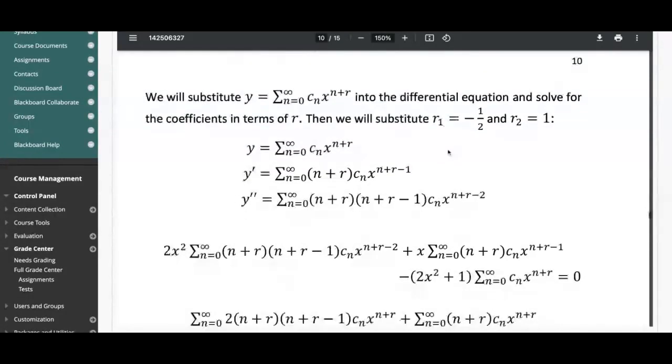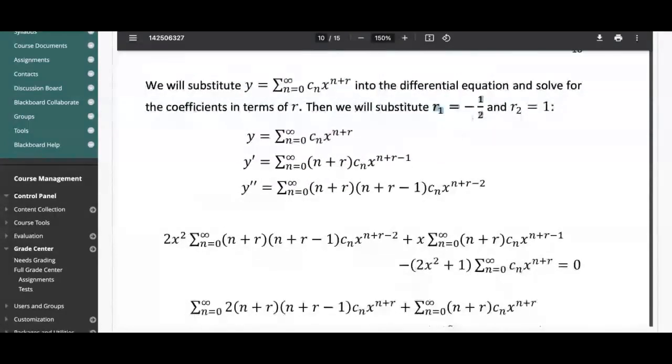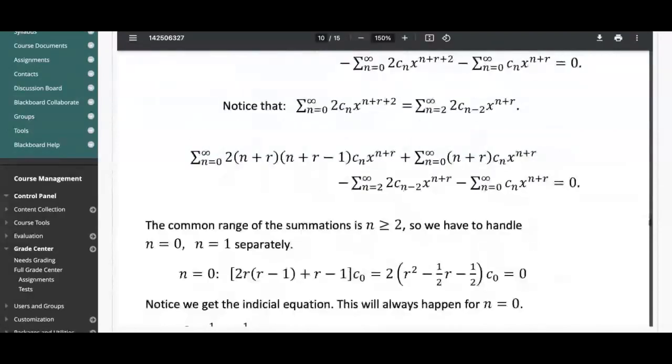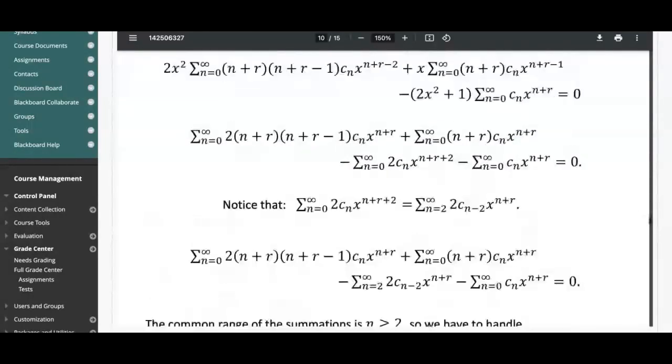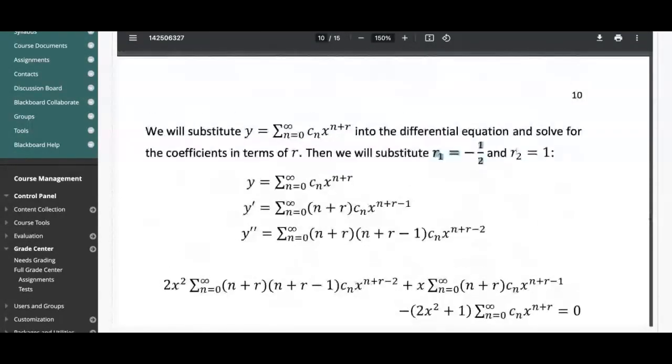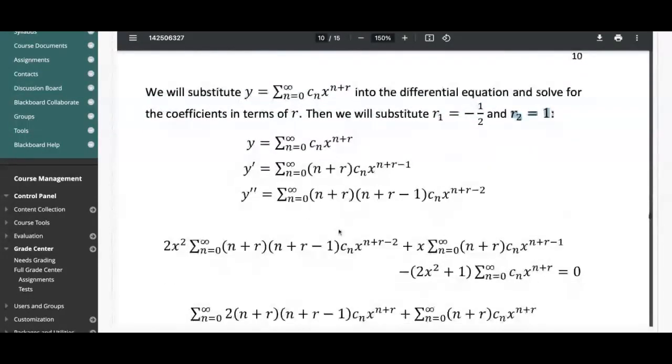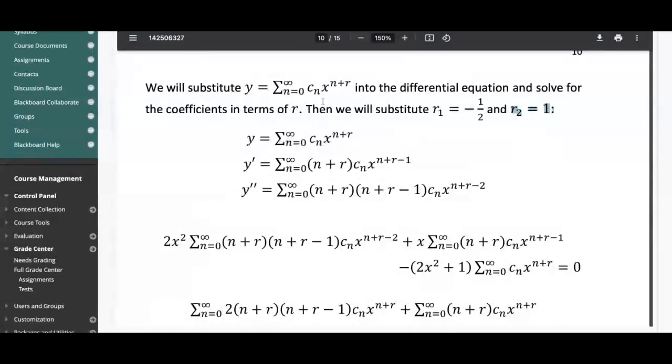Right, in this case, let's see this one, R1 equals -½, R2 equals 1.